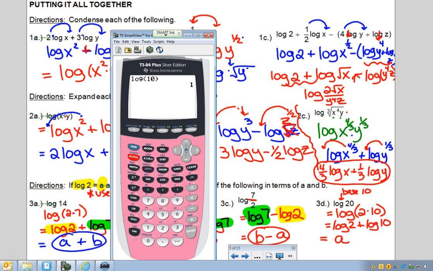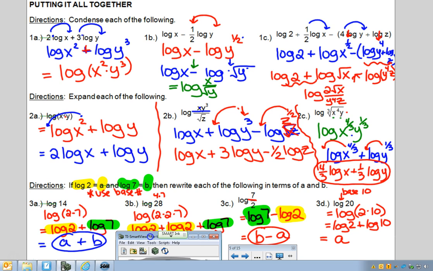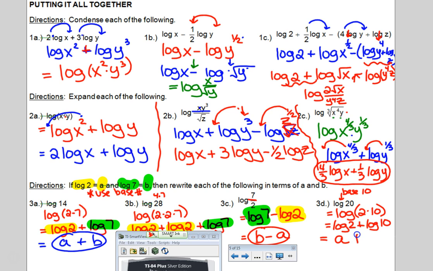You would put a 10 and a 10. So again, this means what's the exponent that makes a 10, and it's a 1. So any of the base numbers will work because they will simplify. So log of 10 is 1, and that answer is a plus 1.